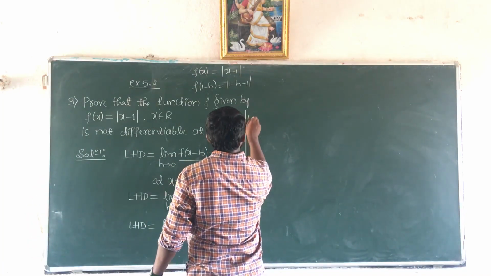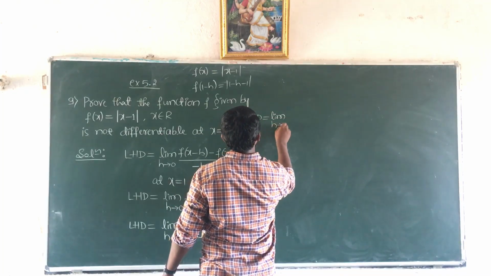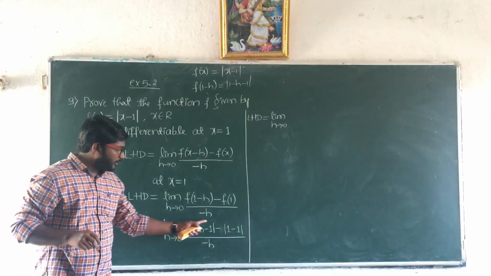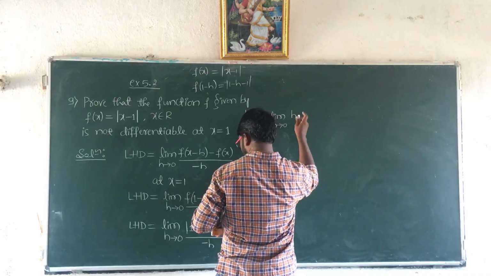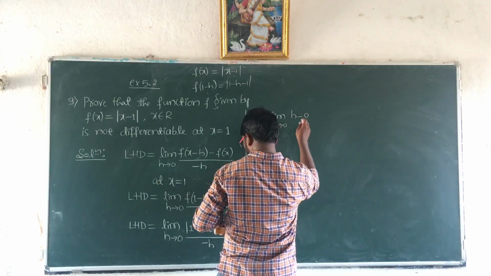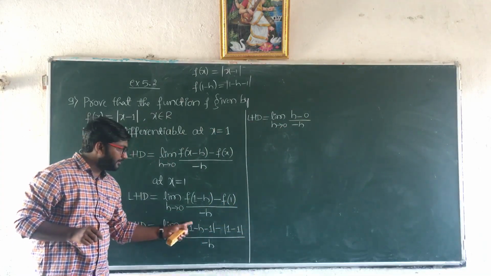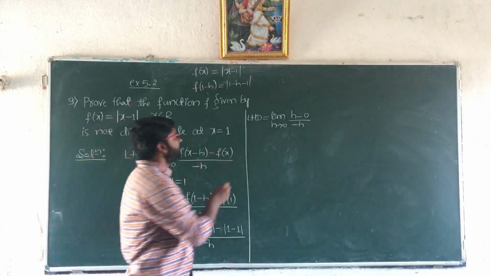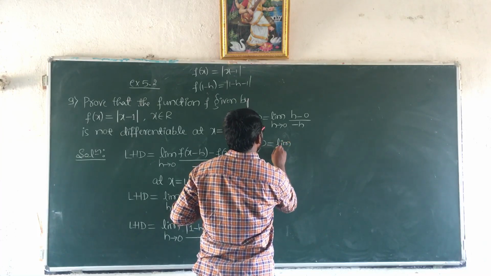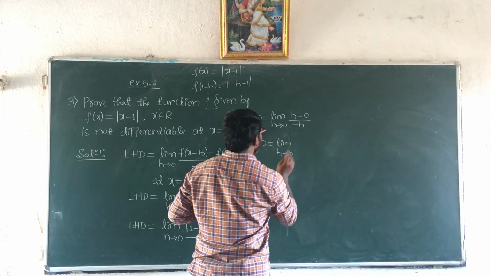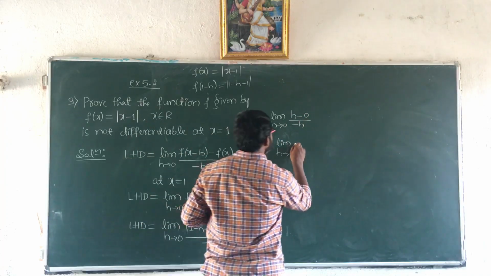So here LHD, which is equal to limit h tends to 0. What is the value of this now? It is plus h. So it is h minus 0 divided by minus h. So LHD, which is equal to limit h tends to 0, h minus 0, it is h by minus h, which will give us minus 1.